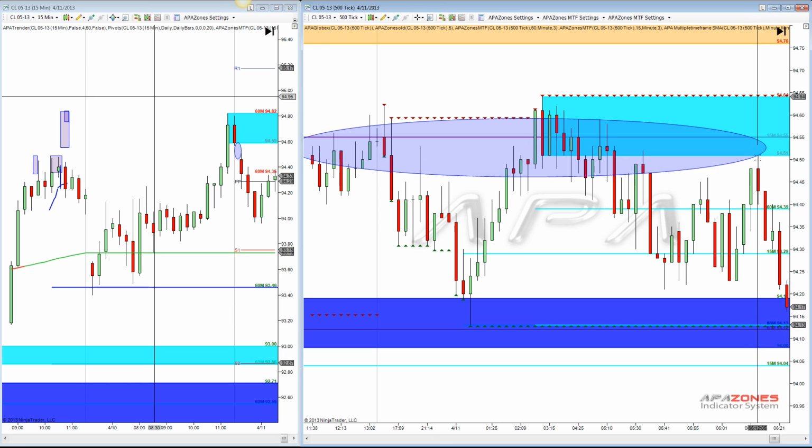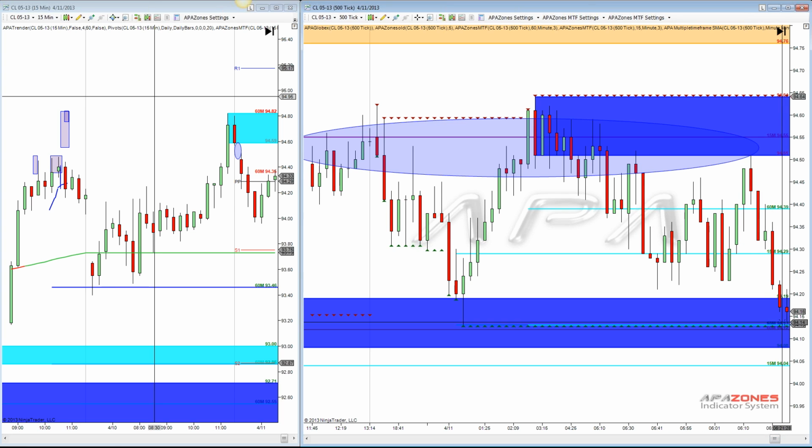Okay, so we got a retest of this Globex high zone, and then man, this thing just really took off. Technically, that was a spinning top candle, and boom, it definitely went down there to retest the Globex low. All right. So now we have a new low.